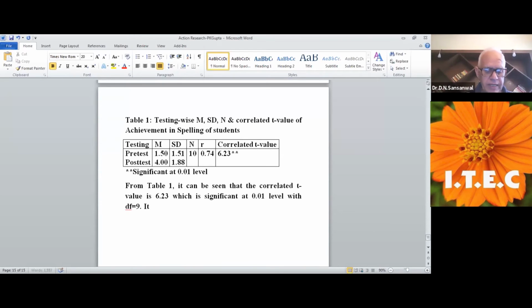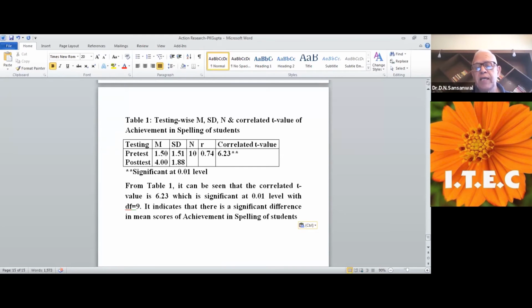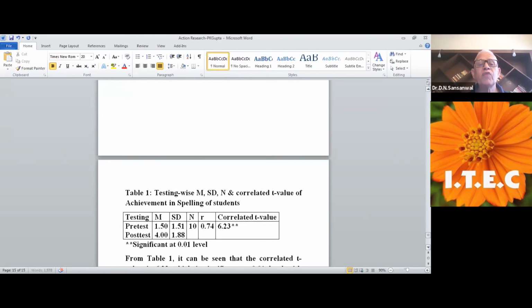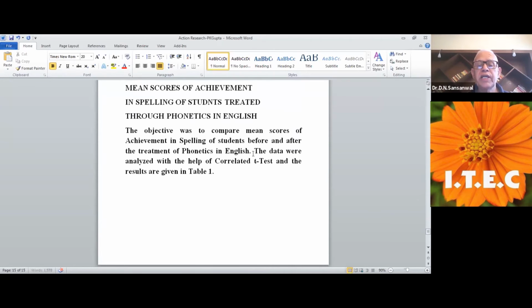It indicates that there is a significant difference in mean scores of achievement in spelling of students before and after treatment of phonetics in English.